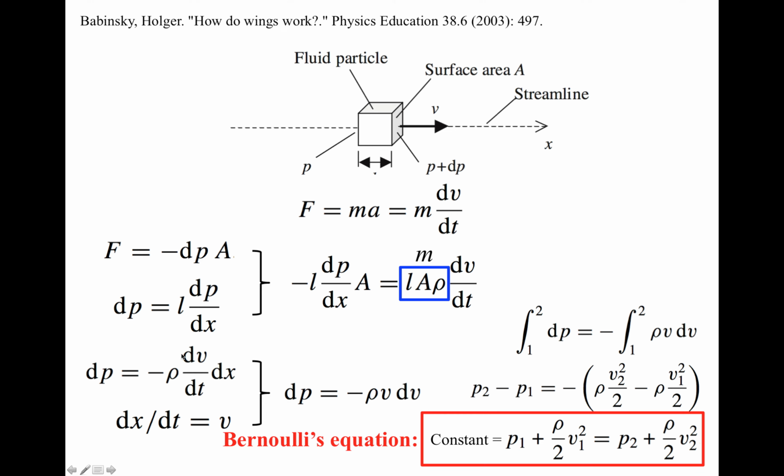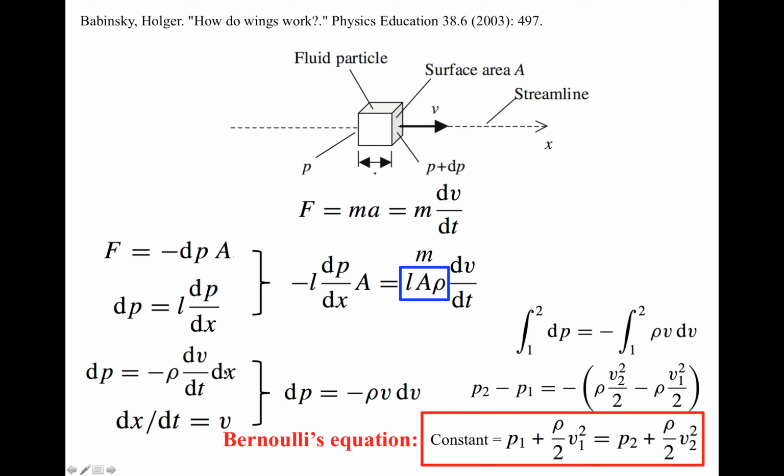And then dx over dt is what? x is the distance the particle is moving along this particular direction, so dx over dt gives you the velocity of the particle, exactly v.